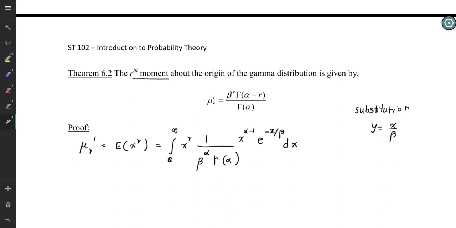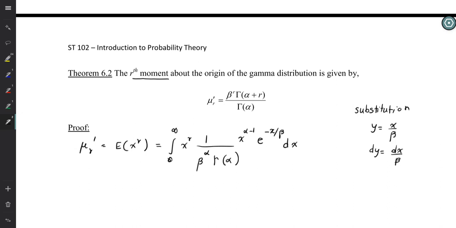So our new random variable y is x over beta. We are going to reform the whole thing. If you have y equals x over beta, that means your dy is dx over beta, right? So you have to do that replacement also. And when x goes to 0, y will also go to 0. When x goes to infinity, y will also go to infinity. So the limits will remain the same.